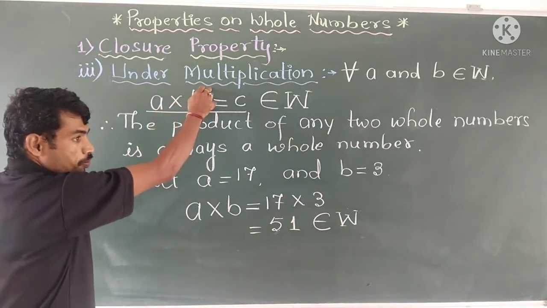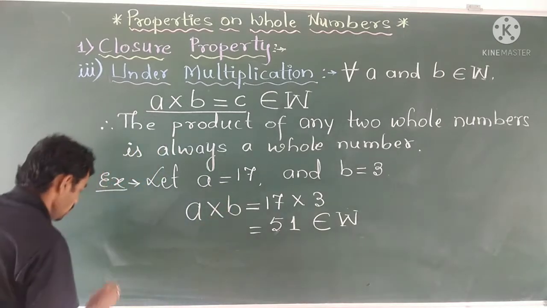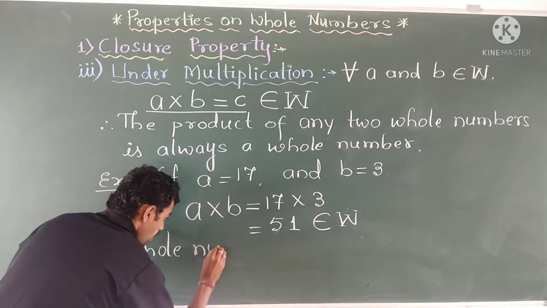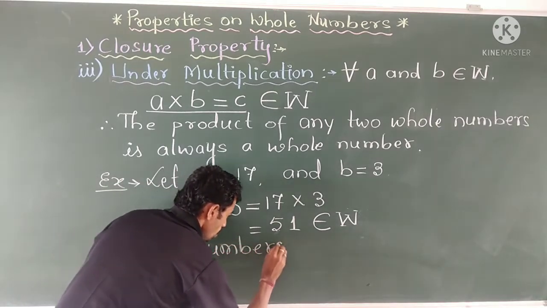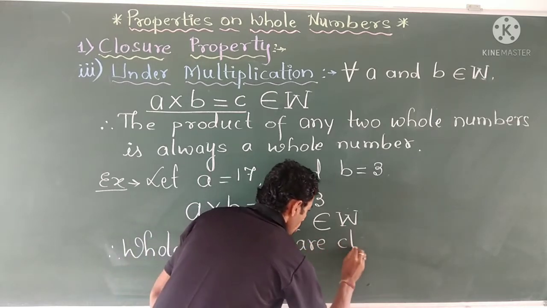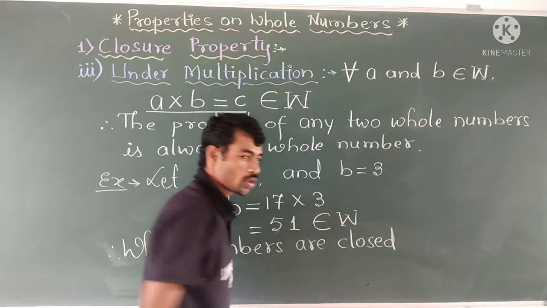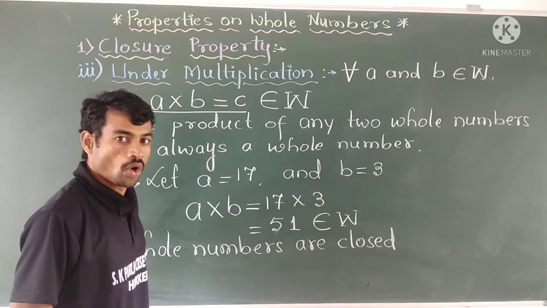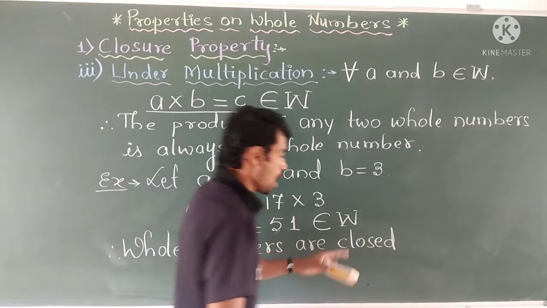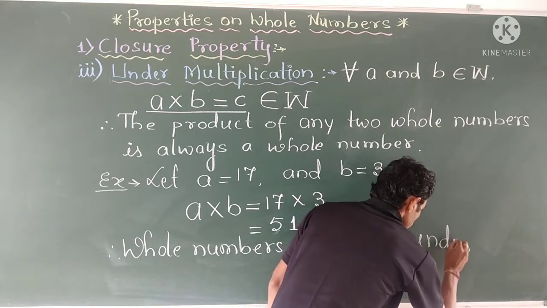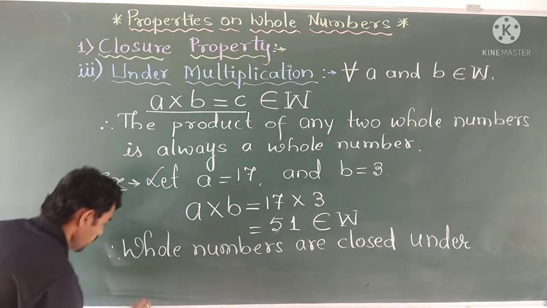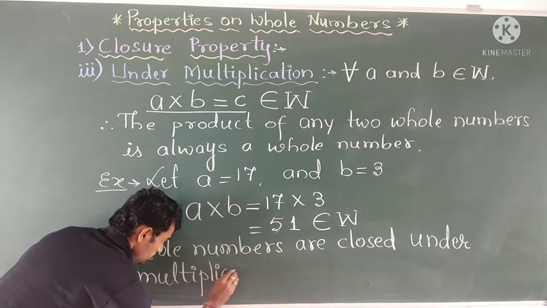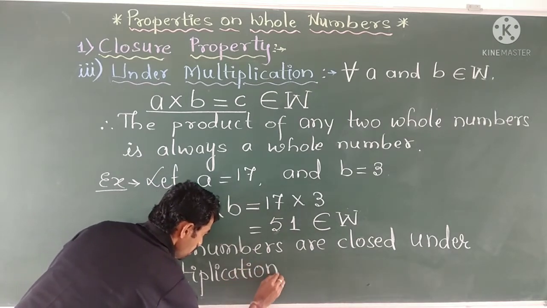We are using which operation? Multiplication. Therefore, whole numbers are closed under multiplication.